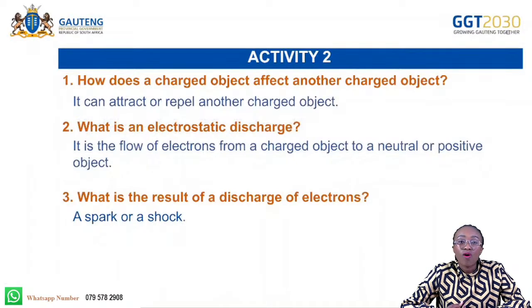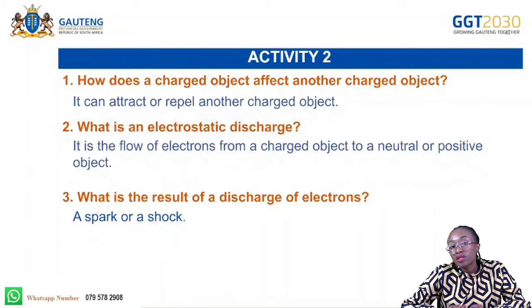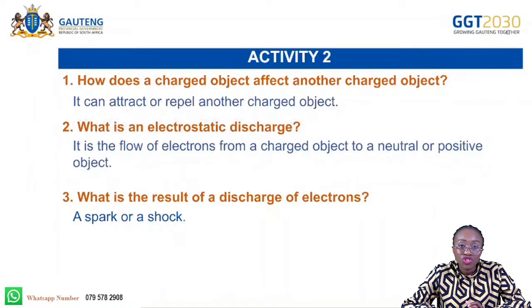In the case of a discharge between you, maybe you're under the covers, you see just a slight spark. And if you touch someone and there is electric discharge, you feel a shock. Take 2 minutes to quickly copy down these three, and then we'll continue with our revision in the next slide.